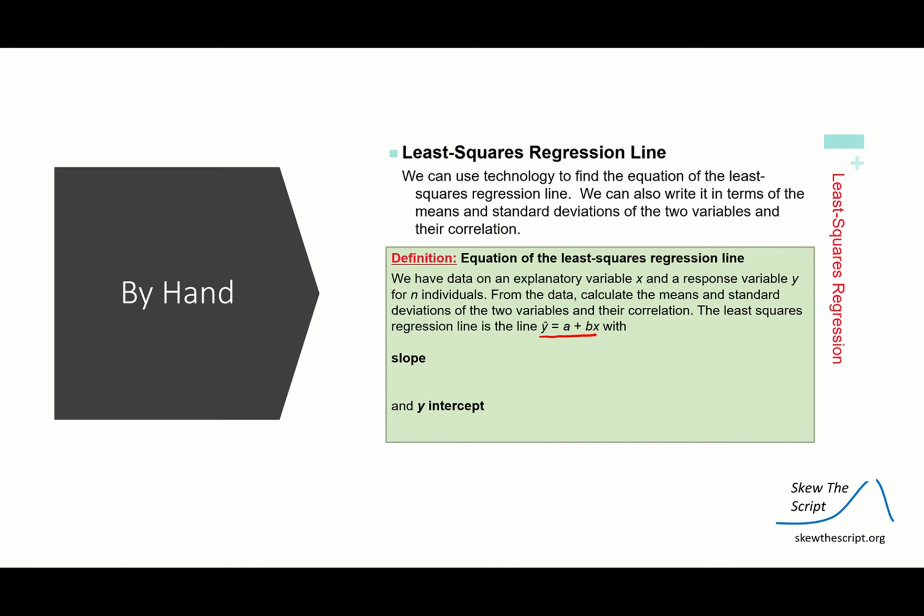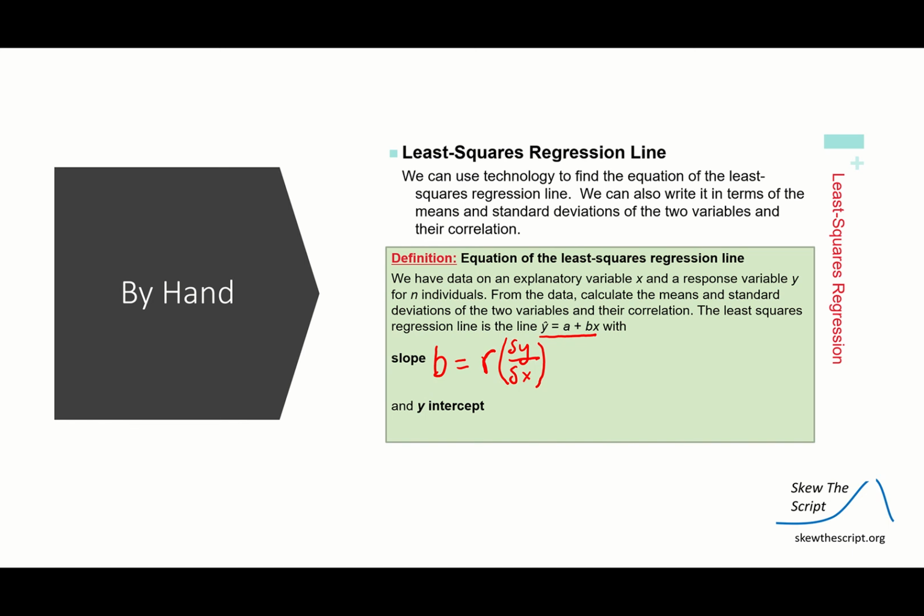So if we have this information, we can calculate the slope to be b equals r, which is our correlation, times Sy, or the standard deviation of y's, over the standard deviation of x.